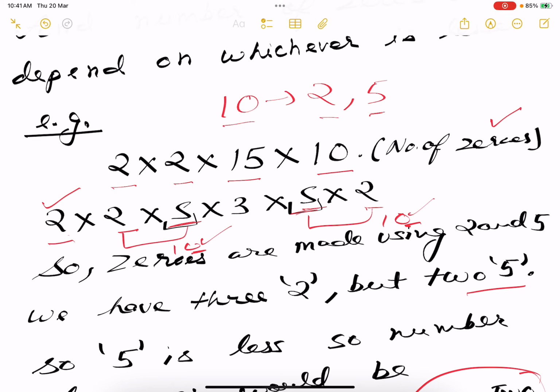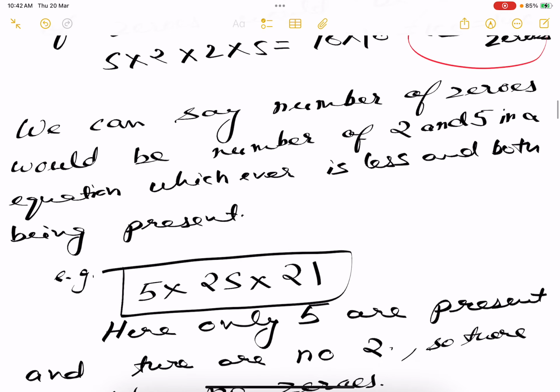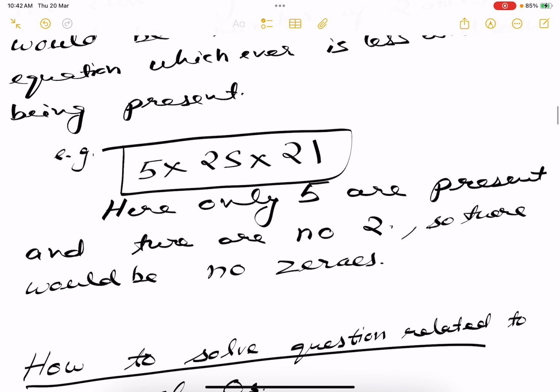For example, in this one the number of 2s is 3 and the number of 5s is 2, so this 2 gets left out. There is no 5 for it to make a 10. So we can say that the lesser the number of 5s or the lesser the number of 2s, that much would be the number of zeros. Here the number of zeros is 2. Getting? Okay, now let's move further.